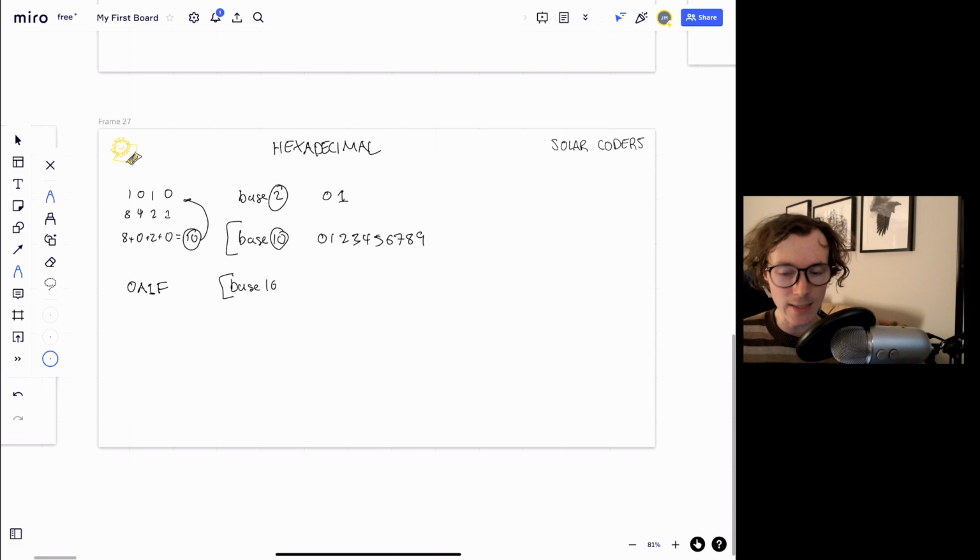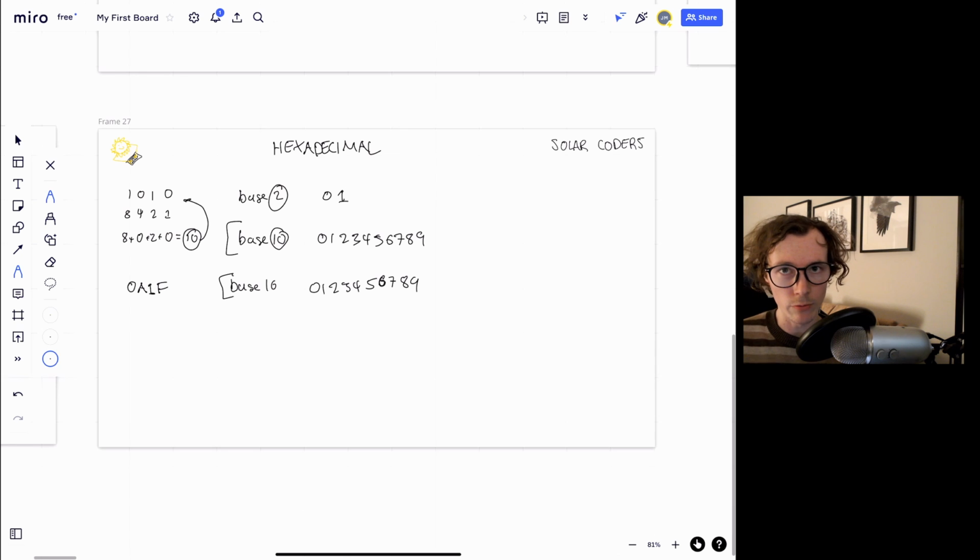But with base 16, you have this problem where you get to the end of the Arabic number symbols and you need more symbols, because in order to represent base 16, you have to have 16 symbols.